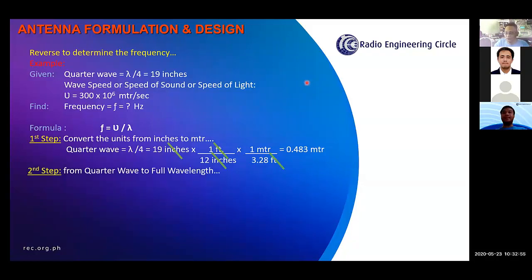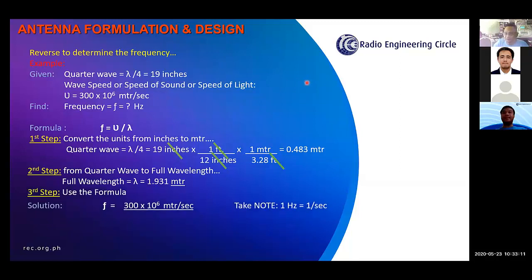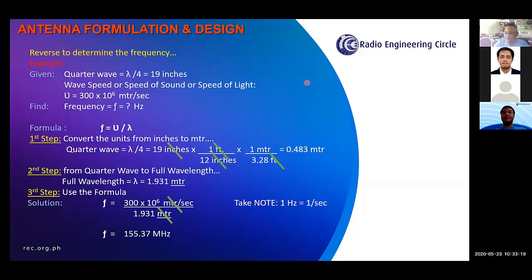From quarter wave to full wave, 0.483 meter times 4 is 1.931 meter. Use the formula. Cancel ang meter. So, yan frequency ng 19 inches na quarter wave, 155.7 megahertz. So, napakalayo.